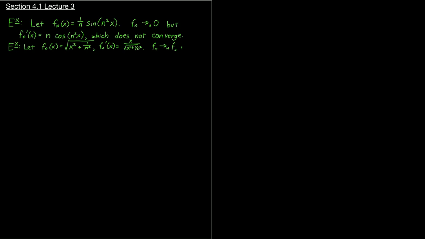Then we've got that f_n is converging uniformly to f, where you can show that this converges uniformly to the absolute value of x.